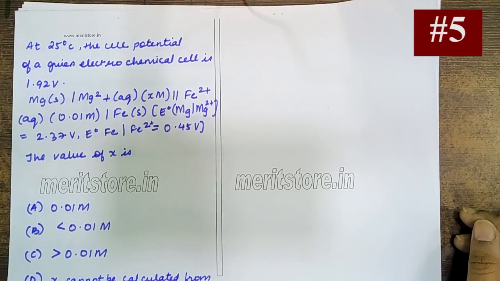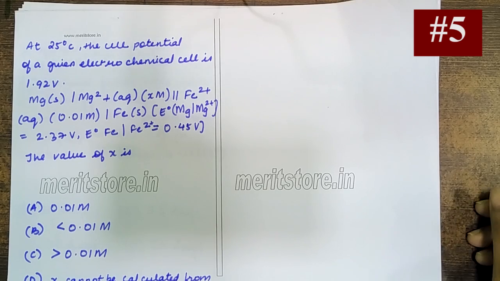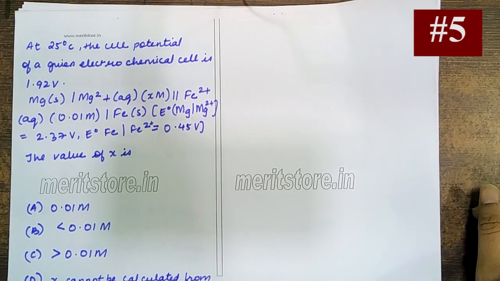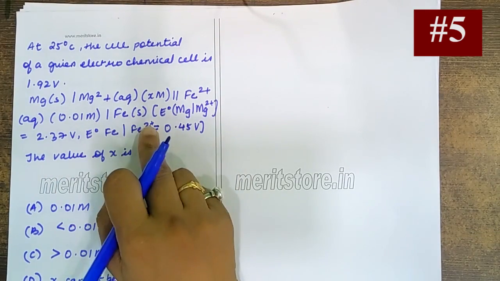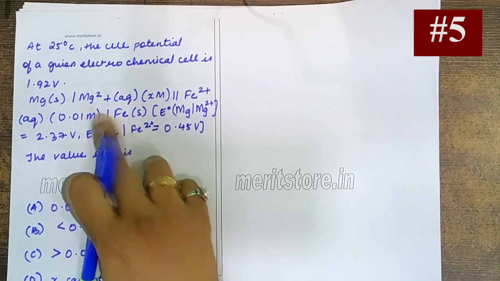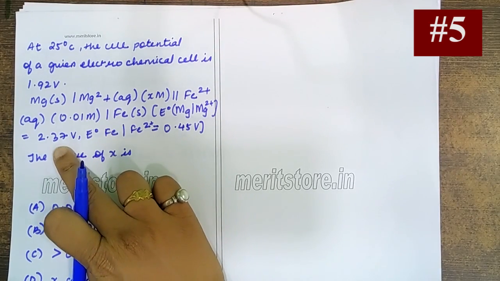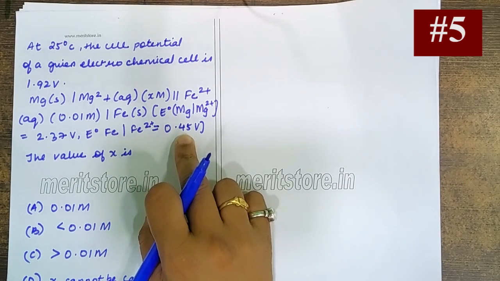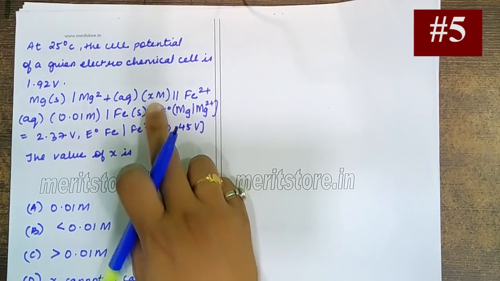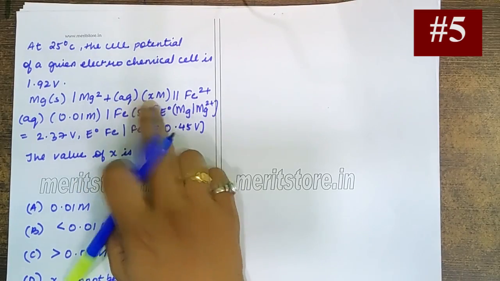At 25 degrees Celsius, the cell potential of the given electrochemical cell is 1.92 volt. The cell is given: magnesium is the anode and Fe is the cathode. The potential is 2.37 for the anode and the cathode is 0.45. We need to find the value of x, that is, the concentration of the Mg2+ that we have to calculate.